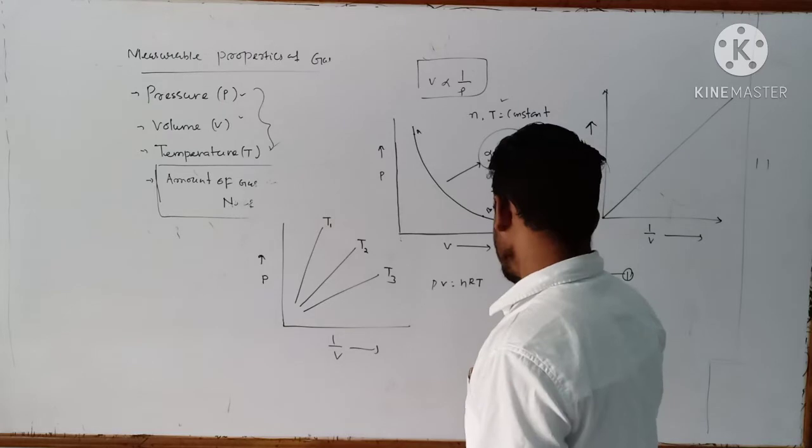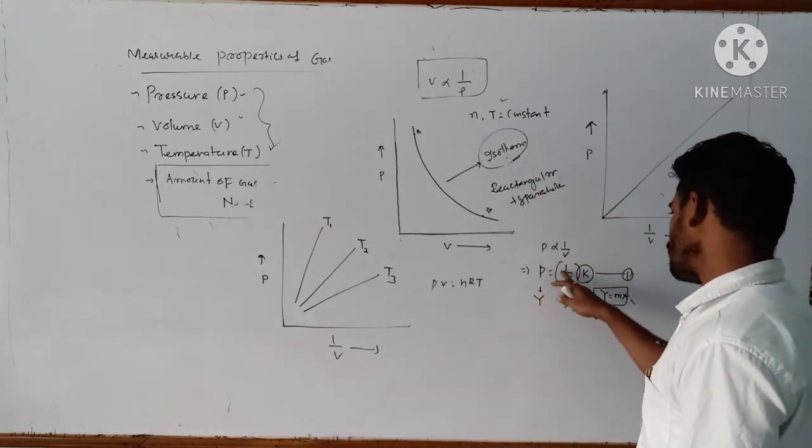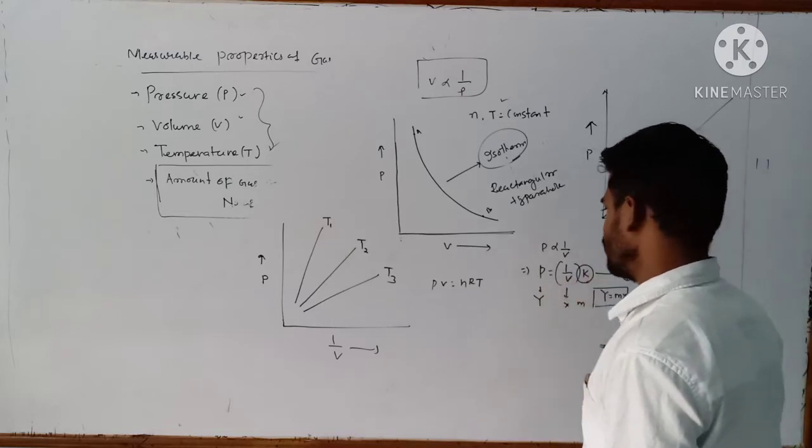Okay, now the equation that I have got over here: P is equal to 1 by V into K. That clear?